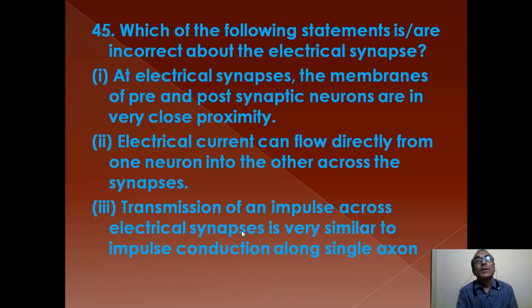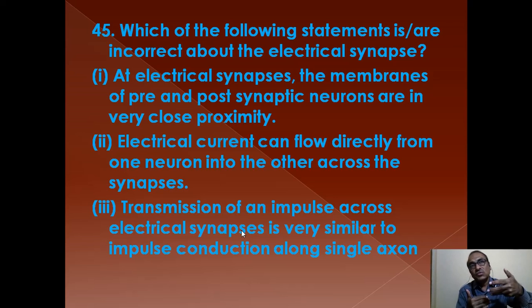Question number 45. Which of the following statements is or are incorrect about the electrical synapse? You might have studied about the electrical synapse. It's a kind of synapse. Again, there's a connection between two neurons, right?